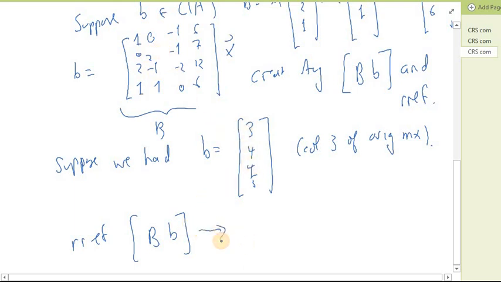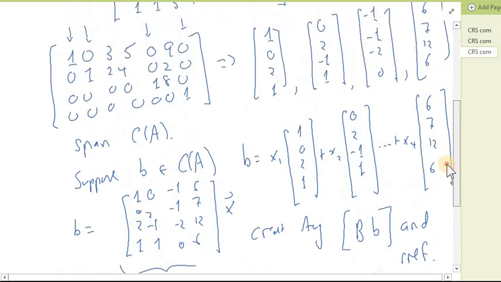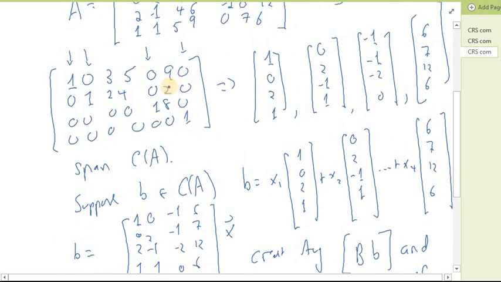Now what will this RREF be? I actually don't have to do any work at all. I go up here and look at the RREF for these columns. The RREF for the pivot columns is the identity. The RREF for the vector b is going to be just this 3, 2, because I can shuffle these columns around, and that's not going to change the RREF of the non-pivot columns.